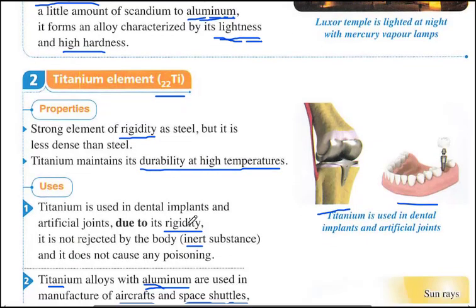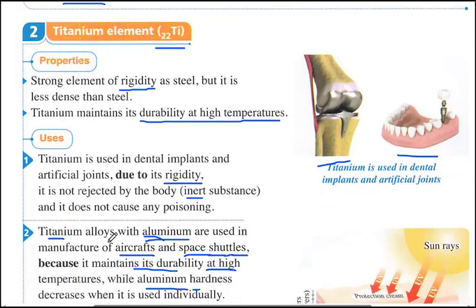So when it is characterized by rigidity, is an inert, non-poisonous substance, and maintains its durability at high temperature, it is titanium. It is used in dental implants as the body cannot reject it, and in artificial joints.